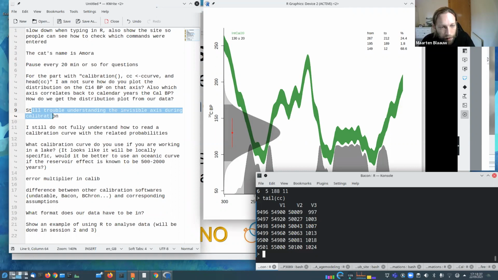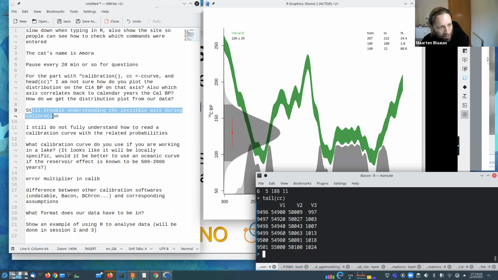Then there are also error multipliers for dates. We didn't really talk about that, but many labs will report a date, and whenever labs come up with the size of the error, the lab error, it's not dark magic, it's a bit of an educated guess based on the age.